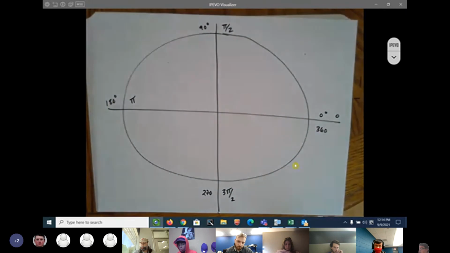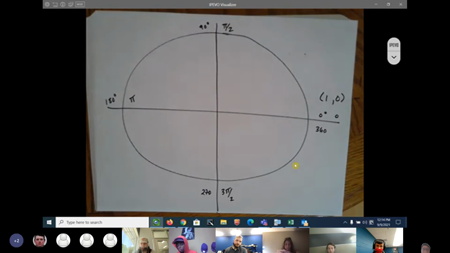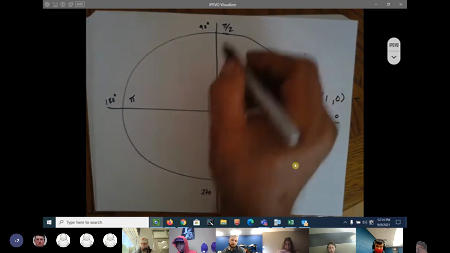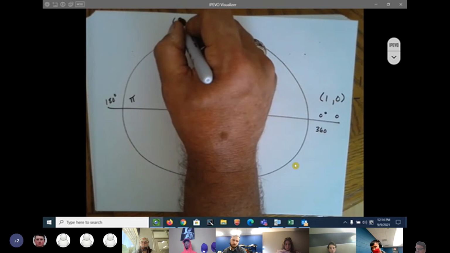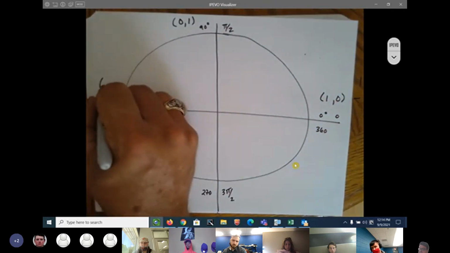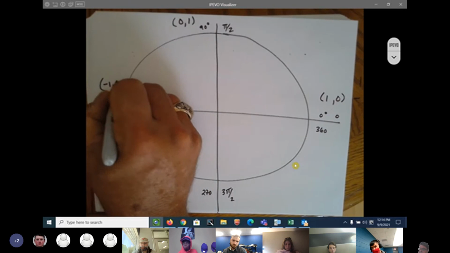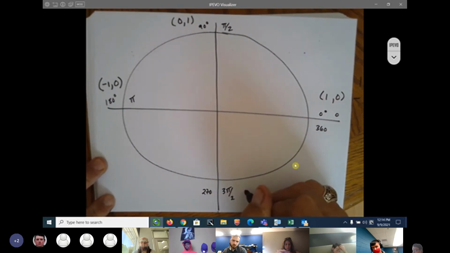I told you that the cosine and the sine here is going to be 1 and 0. That's your cosine and your sine. Up here it's going to be 0, 1. This one is going to be -1, 0. And this one is going to be 0, -1.